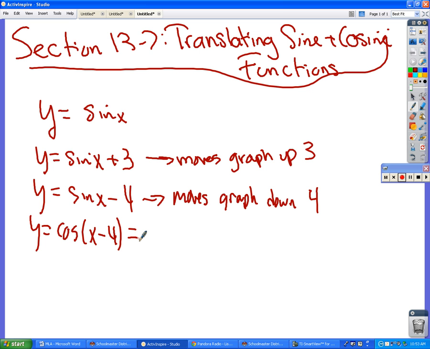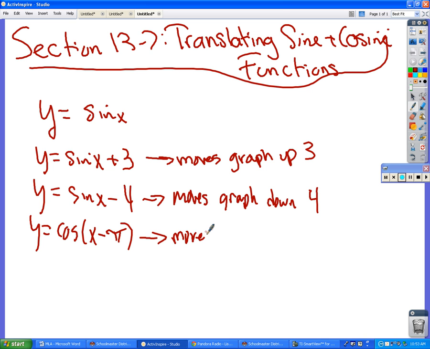If I go the cosine of x minus 4, or it would more likely be, let me change that before you write it down, cosine of x minus pi, what does that do? It translates it to the right, okay?